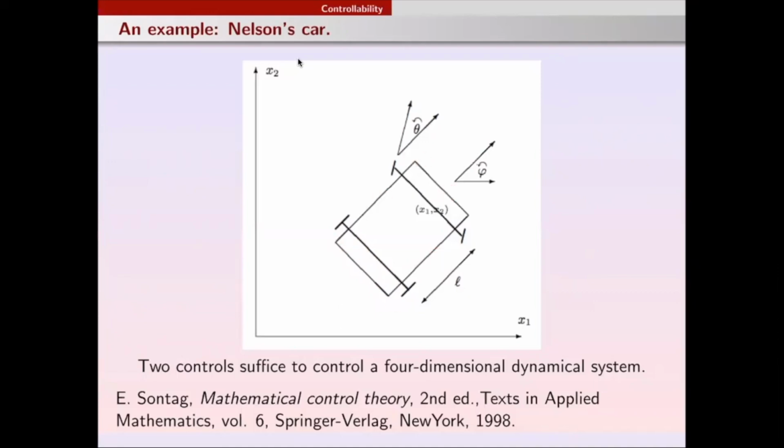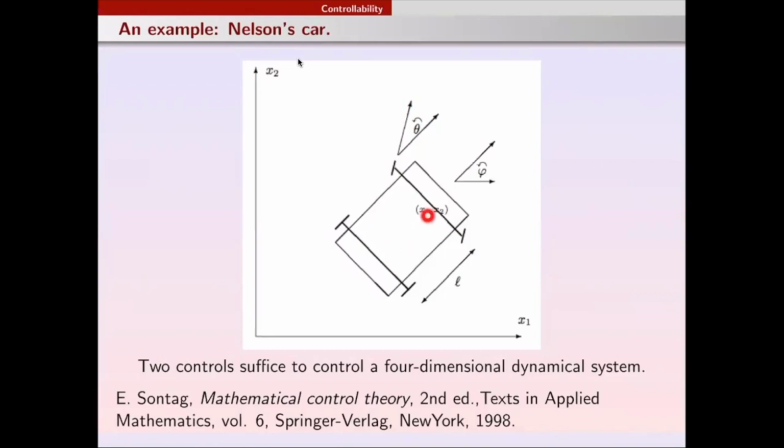So I take a car which is just flat. I'm not thinking in 3D, I'm just thinking in 2D. So I live in flat land. I just look at a rectangle. The shape of the car is a rectangle. Nelson said, how many parameters do I need in order to determine the position of the car? Well, I need x1, x2, the position of the center of gravity of the car, so 2 parameters.